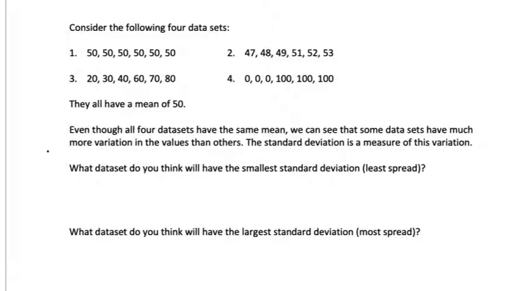And the data set that is the least spread apart is number 1, because the data values are all the same. And if the data values are all the same, then the standard deviation is going to be 0, because there is no spread in the data.